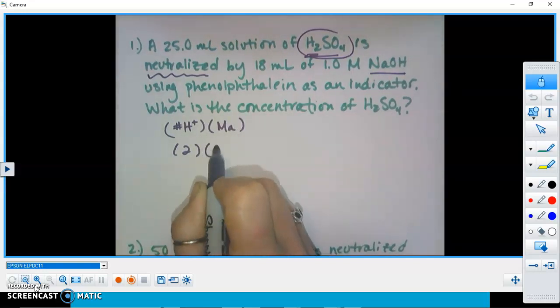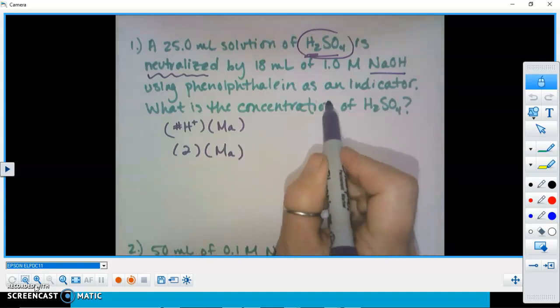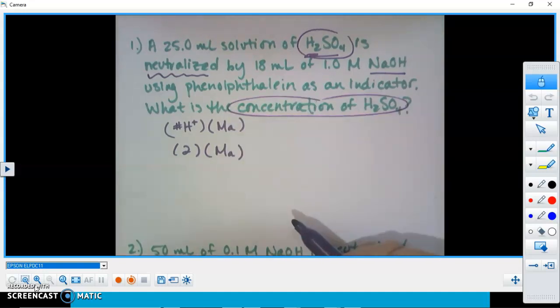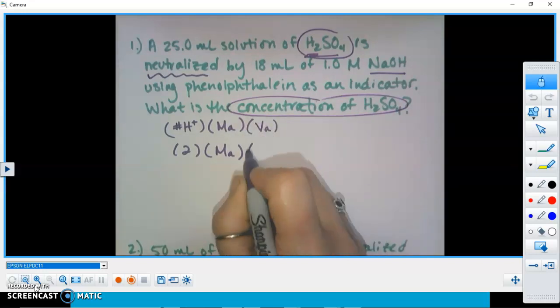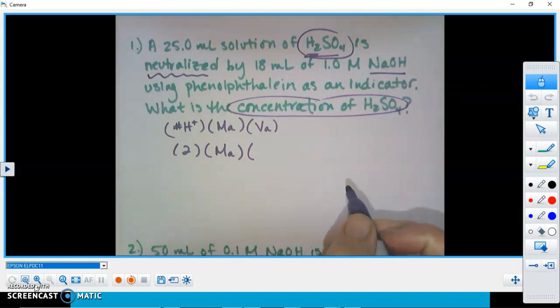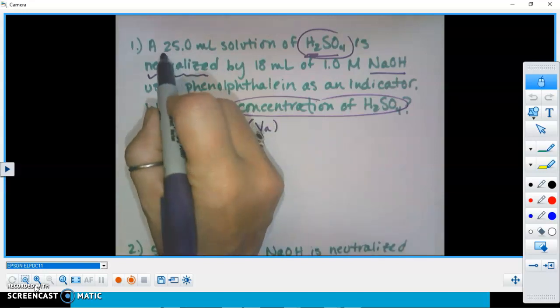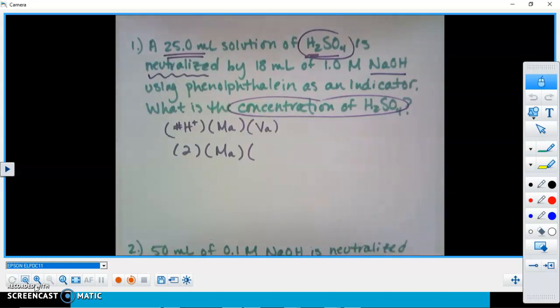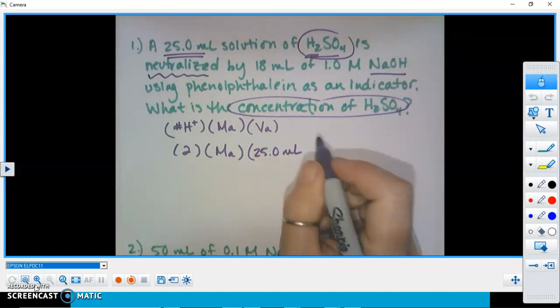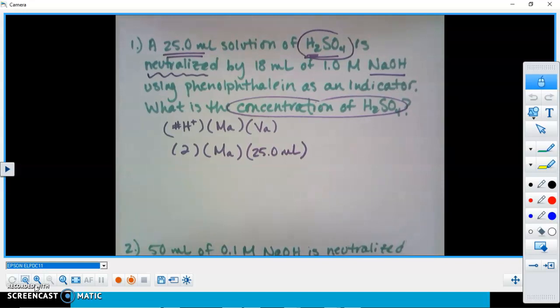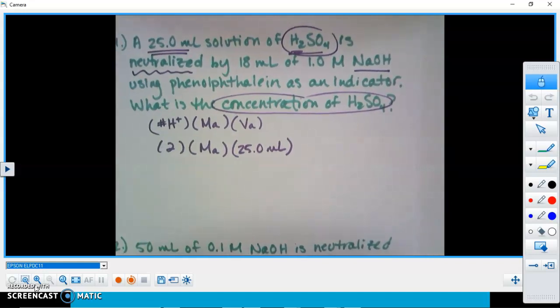That's what we don't know, because the question is, what is the concentration of that acid? Then we have times VA. We need to consider the volume of acid. The volume of the acid was 25 milliliters. It's okay to use milliliters in this equation, because as long as you have milliliters on both sides.